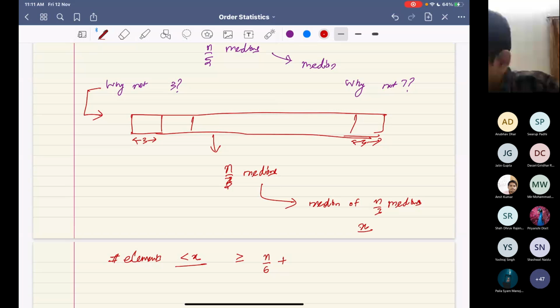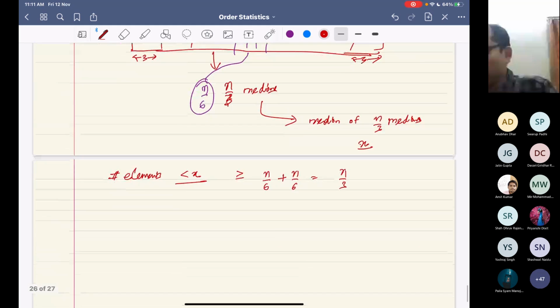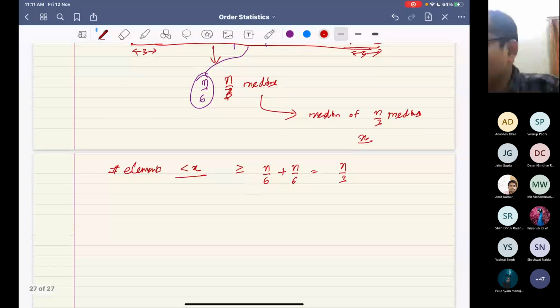For each of these n by 6 medians, one more element will be smaller than x, right? So again n by 6, or 2 times n by 6, so that is n by 3. So that means you're guaranteed to have at least n by 3 elements that are smaller than x and at least n by 3 elements that are larger than x.